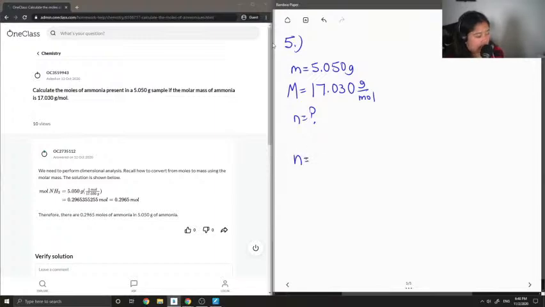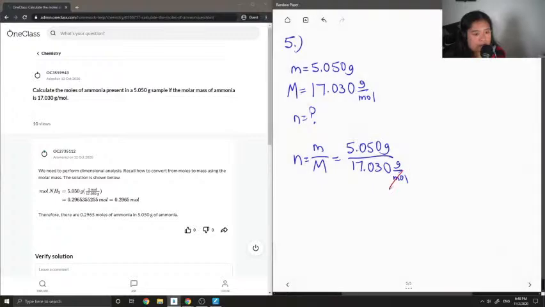So we're going to use the equation n equals mass over molar mass, which is 5.05 grams divided by 17.030 grams per mole.